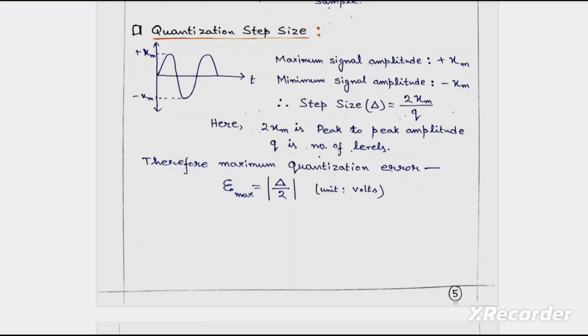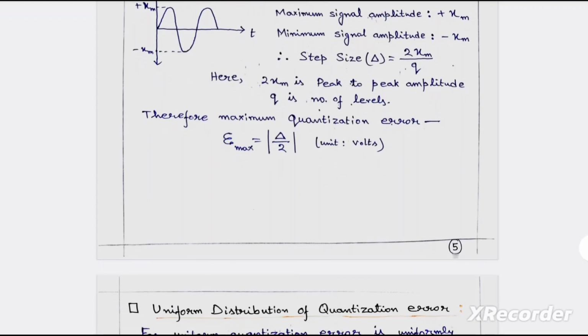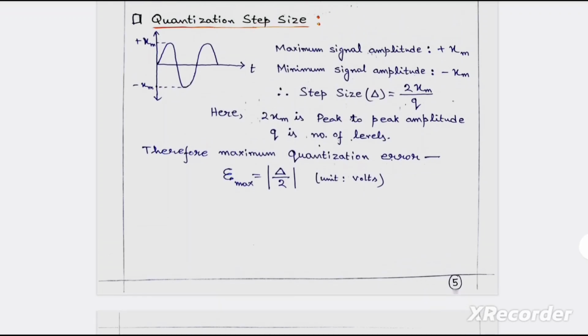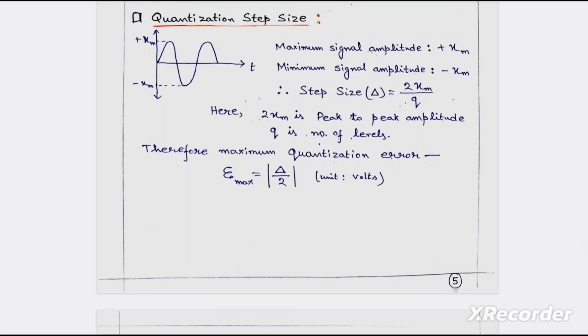The maximum amplitude is positive xm and the minimum amplitude is negative xm. Here the formula for step size del is 2xm divided by q. Here 2xm is the peak to peak amplitude, which is clearly seen here, and q is the number of levels. Therefore the maximum quantization error is del divided by 2. The unit of quantization error is volt.